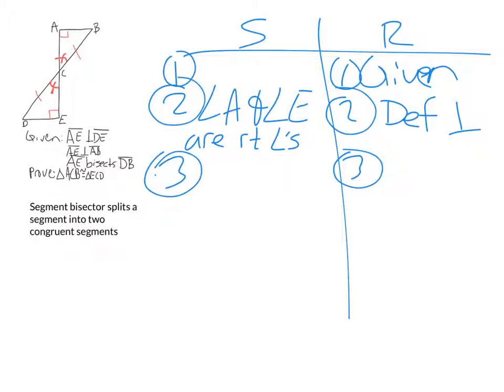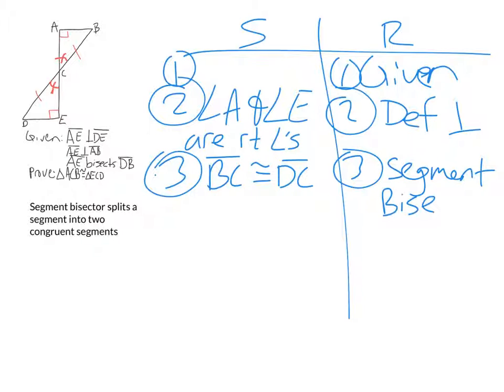Now, the other thing, we said that BC is congruent to DC. How did we know that? We knew it because it was a segment bisector. Or definition of segment bisector is cool too. You can throw a definition in there if you'd like.